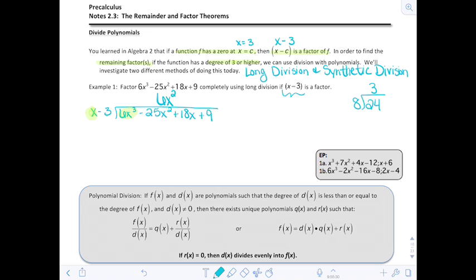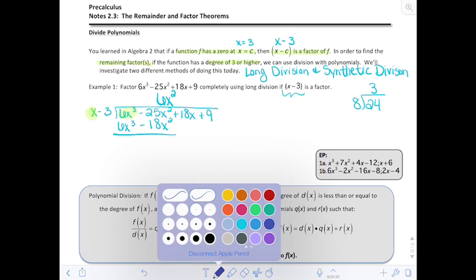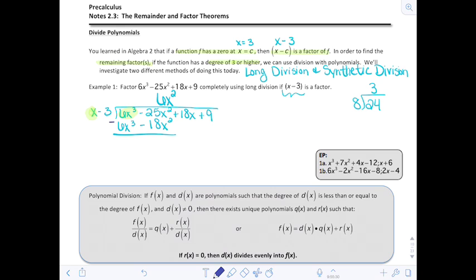So as I multiply around to the x minus 3 and distribute, 6x squared times x gives me 6x cubed, and 6x squared times a negative 3 gives me a negative 18x squared. Now be careful, because you are subtracting these two quantities, and you are subtracting each term.